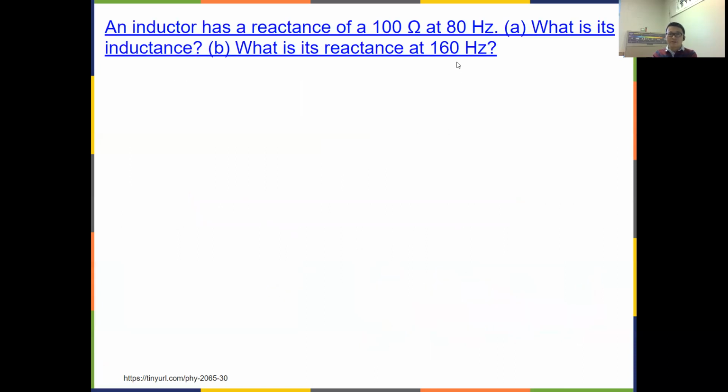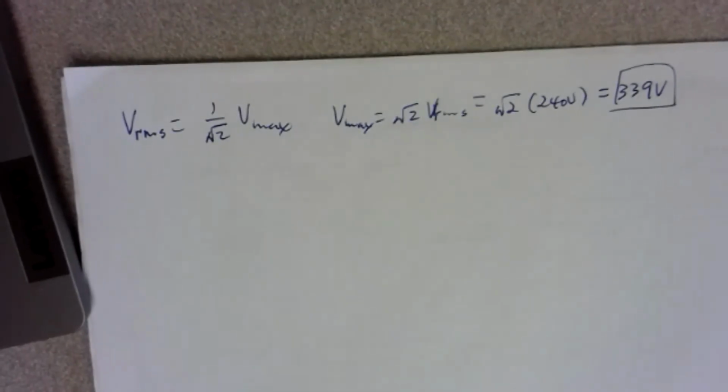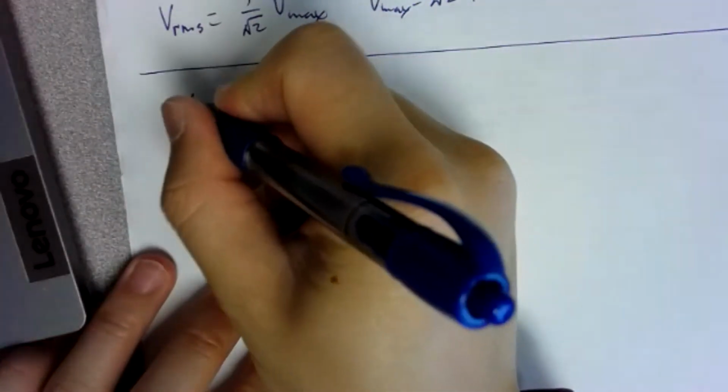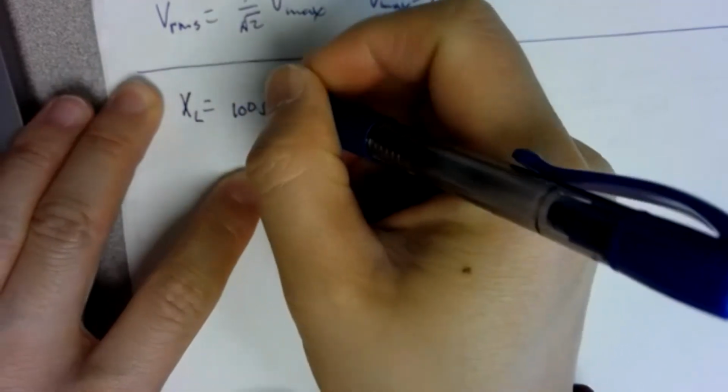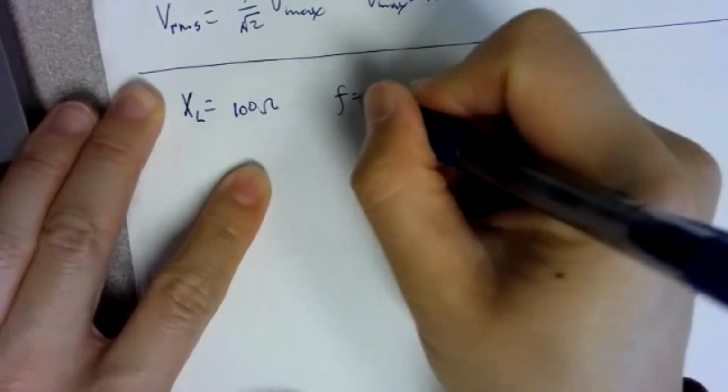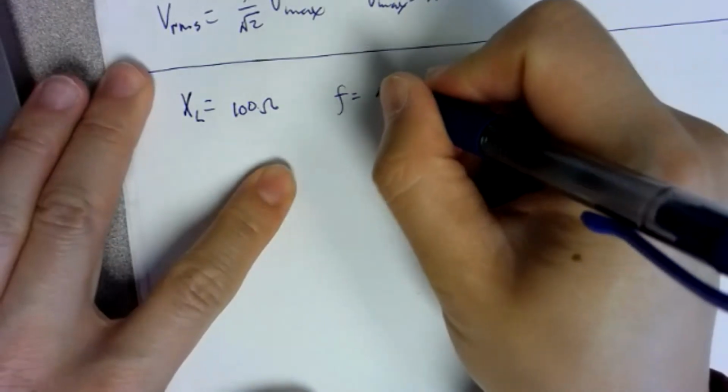Let's take a look at this one. It says you have an inductor with a reactance of 100 ohms at 80 hertz. So you are given the inductive reactance XL equal to 100 ohms, and the frequency is F, not angular frequency.